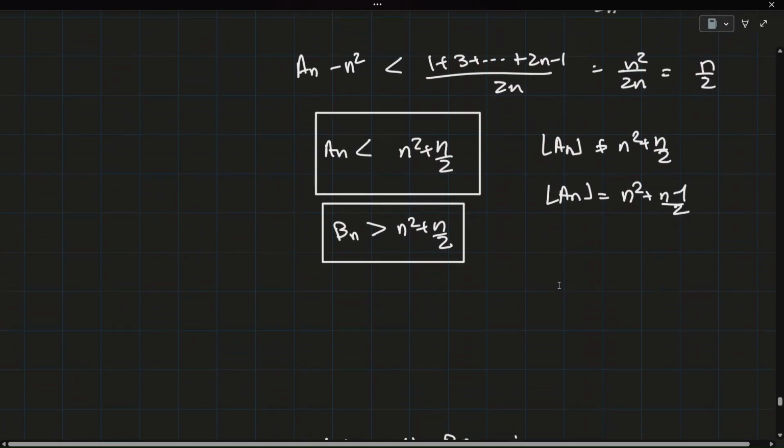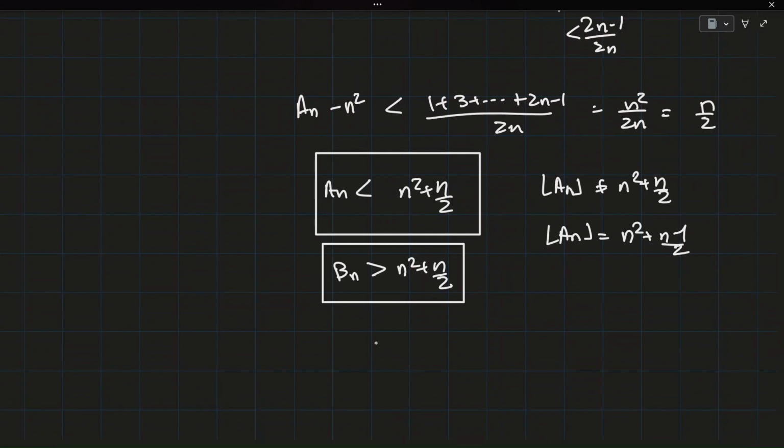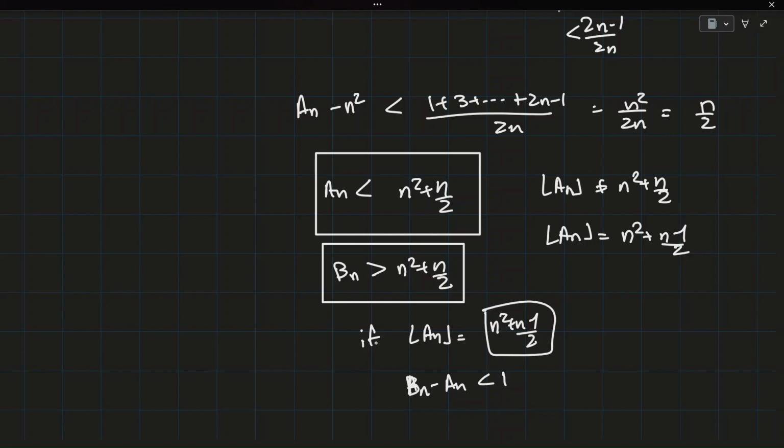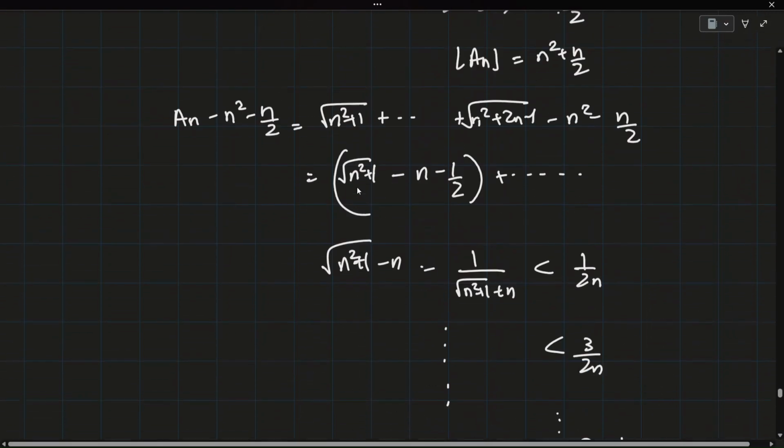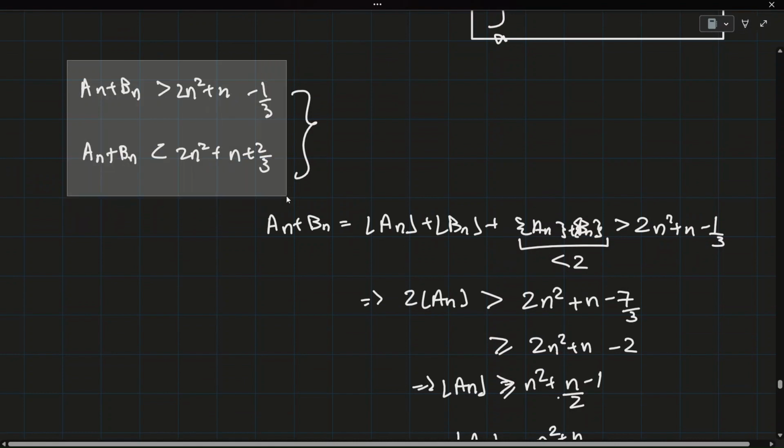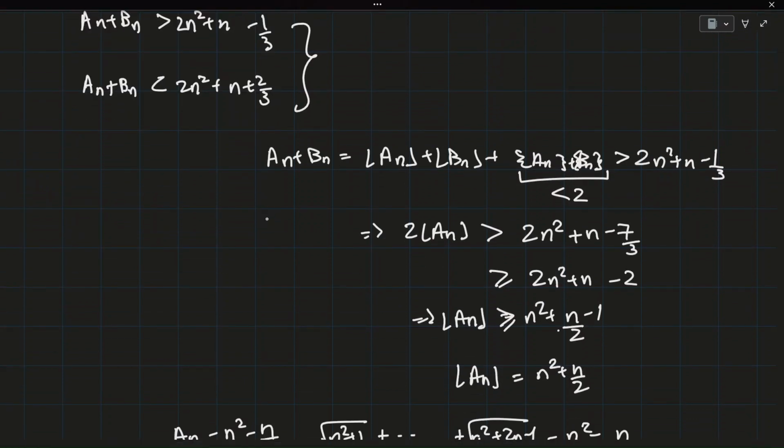After that, if greatest integer of an equals n square plus n minus 1 by 2, then using the fact that bn minus an is less than half, you can conclude that greatest integer of bn will also become n square plus n minus 1 by 2. This is obtained in conjunction with this set of inequalities. Work it out a little bit. I am leaving it as homework.